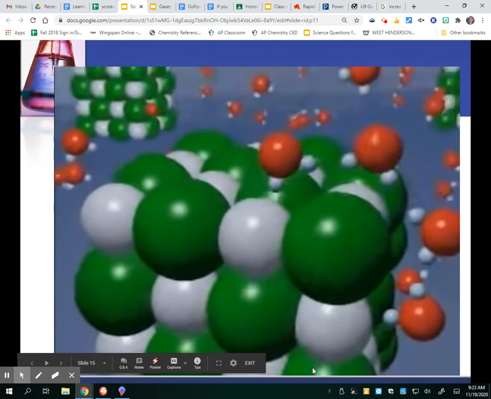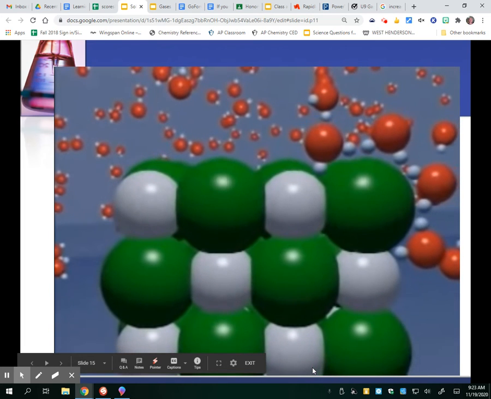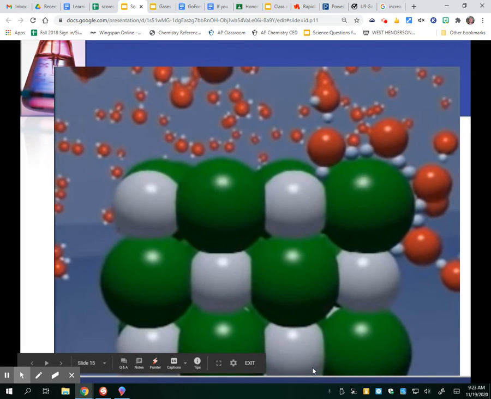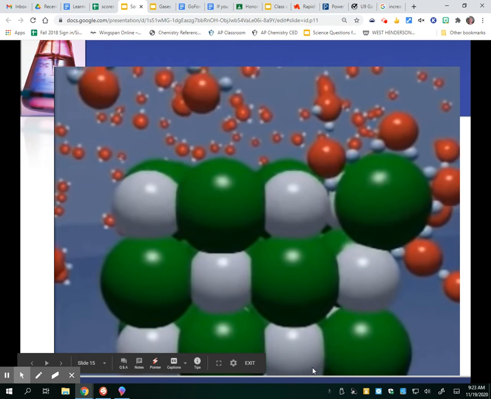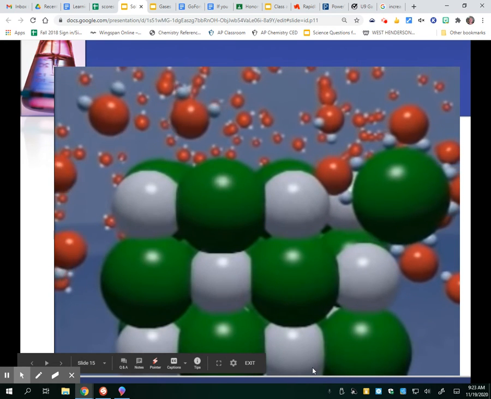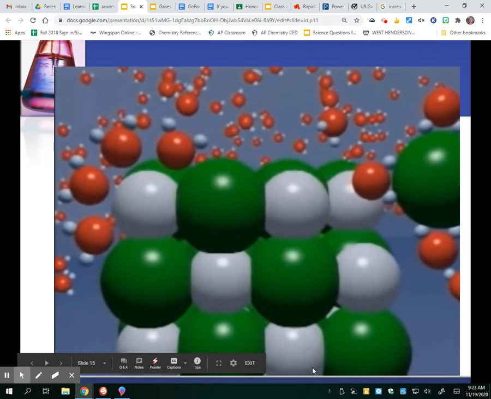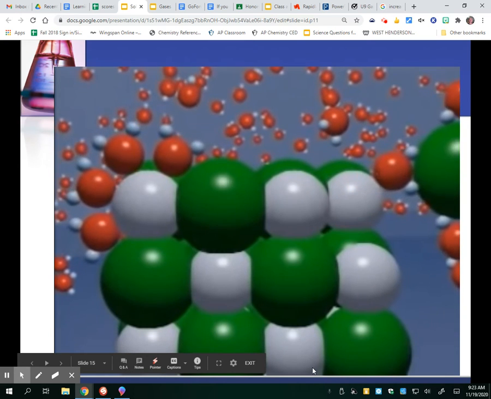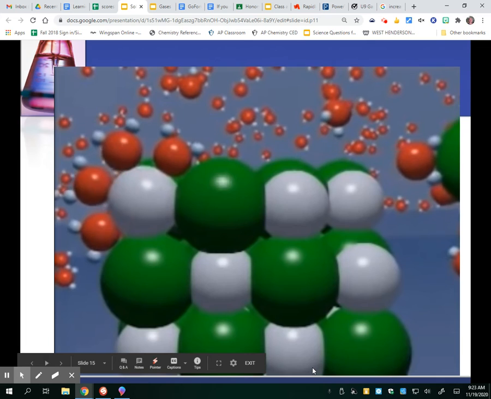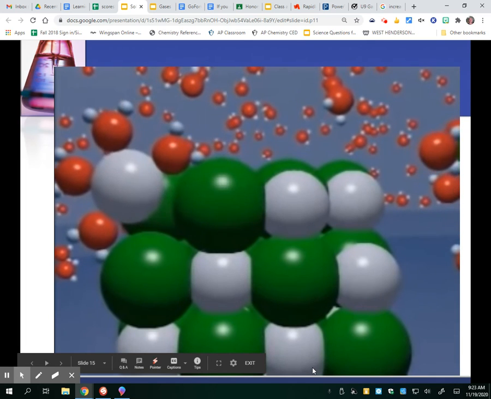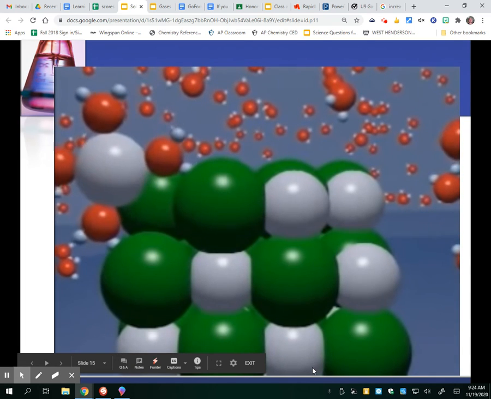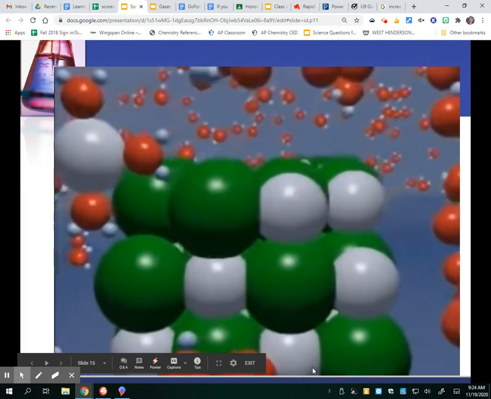That allows the water molecules to come in contact. Notice all those slightly positive hydrogens are attracted to that negative chloride ion. And then now we see the white sodium ion being surrounded by some water molecules with the oxygen ends being pointed in. And this is how the dissolving process happens.